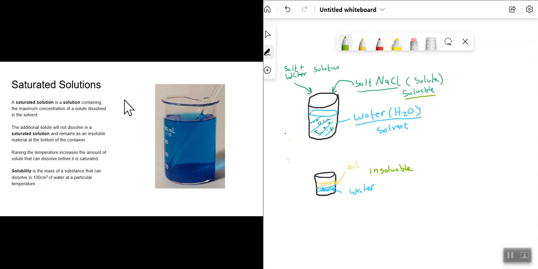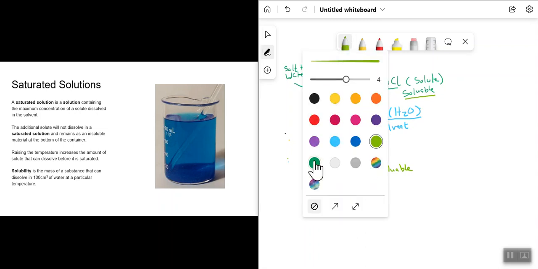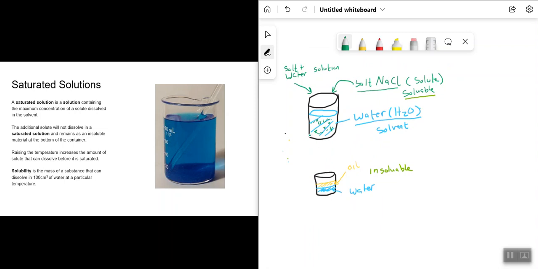So if I keep adding in salt into this solution, the salt will start to build up. It'll stop going into the solution and start to build up here at the bottom. When it's like that, it's what's called a saturated solution. It's saturated with the solute, so no more will go in.